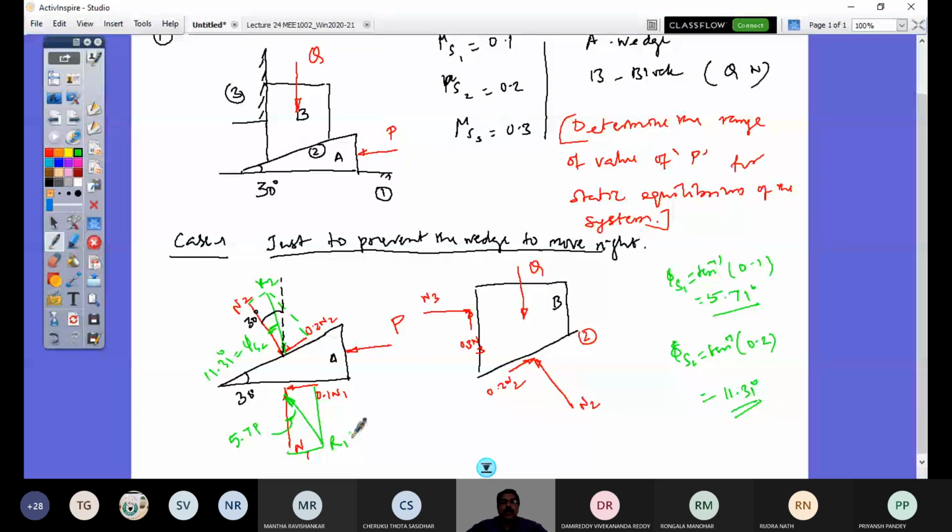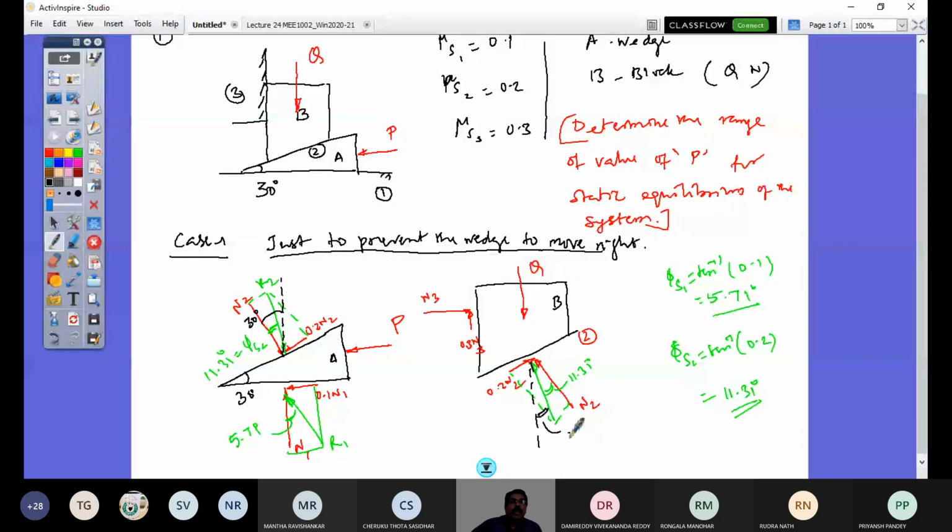So whatever I have here as R2, that would be the same here. So when I combine, I will have R2, with this 11.31 degrees, whereas to the vertical this angle would be 30 minus 11.31 degrees, right?